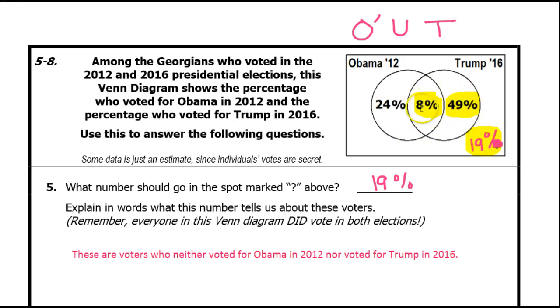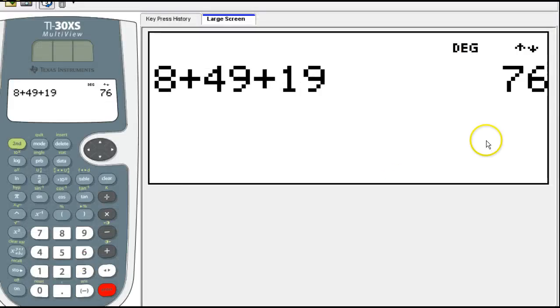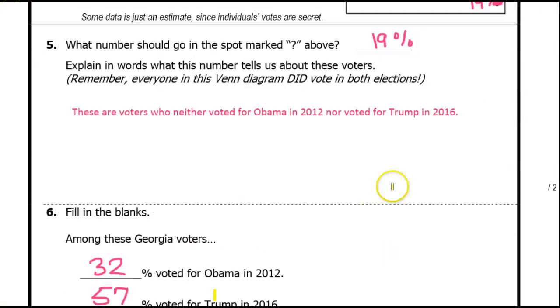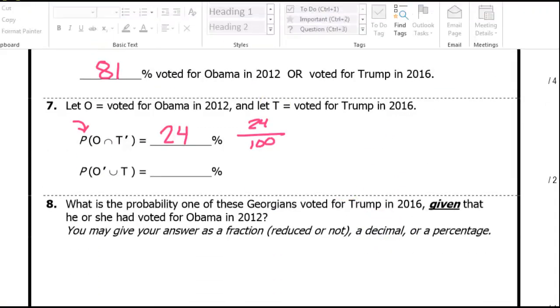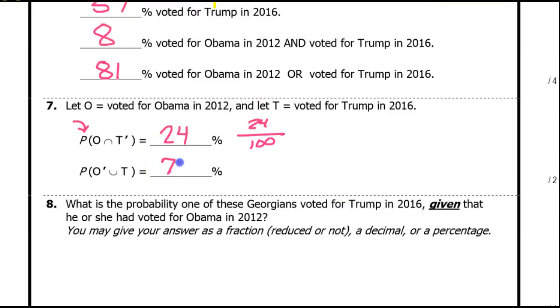Or is more, so you add on the extra. So that's 76%, or 76 over 100 if you just want to make it a fraction.